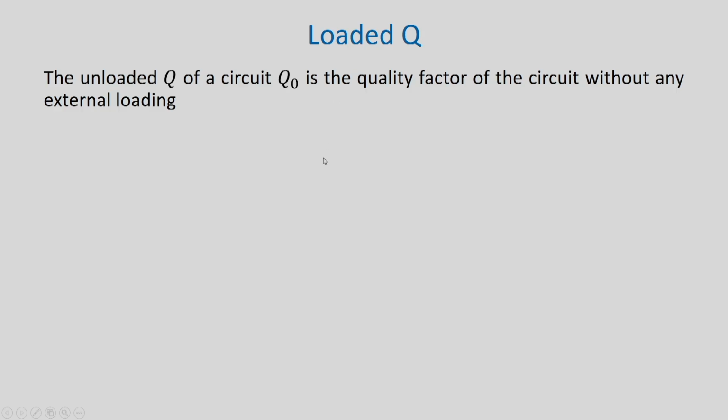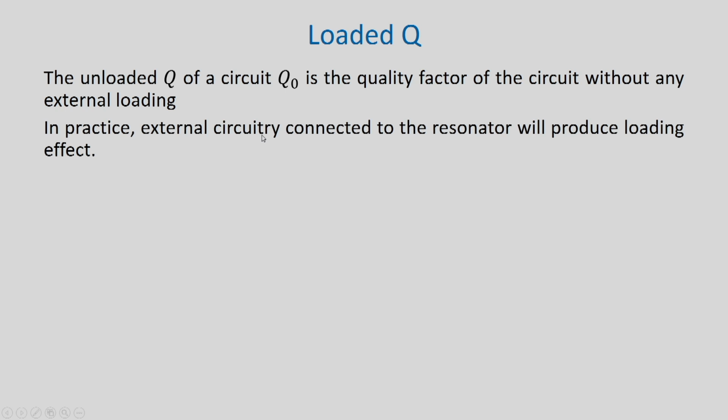Let us now consider another form of quality factor, which is called the loaded Q. The unloaded Q of a circuit, Q naught, is the quality factor of the circuit without any external loading. In practice, external circuitry that will be connected to the resonator will produce a loading effect.